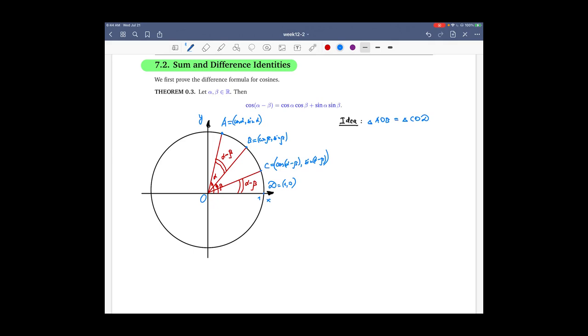Well, that is because both are isosceles triangles in which OA equals OB equals OC equals OD equals 1, and also the angles between equal sides, angle AOB equals angle COD equals alpha minus beta. By equality of these two triangles, we conclude that distance AB equals distance CD.